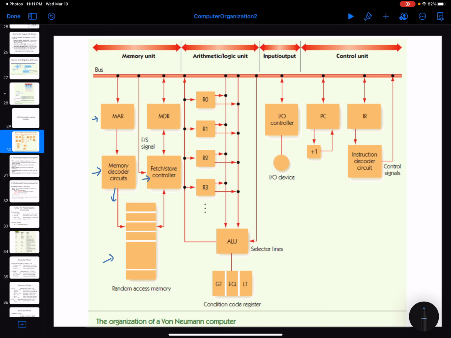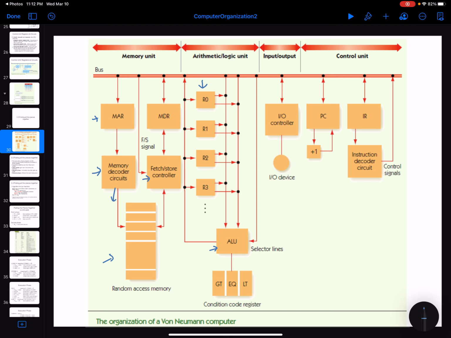We had talked about the ALU, which was a set of different circuits for all the arithmetic operations. It also had some registers that keep the operands, for example, for adding two values, for subtracting two values, and so on.